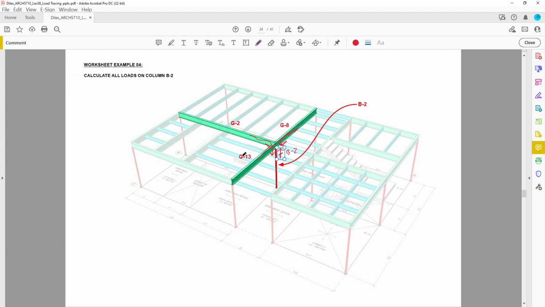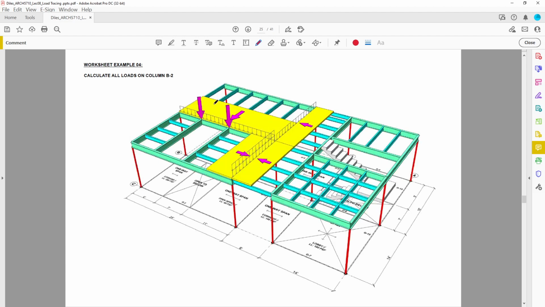All right, so how do we figure that out? Okay, well, we figured out some of these things previously. Here is the loading diagram for this column, B2. These are all of the tributary areas that it supports.